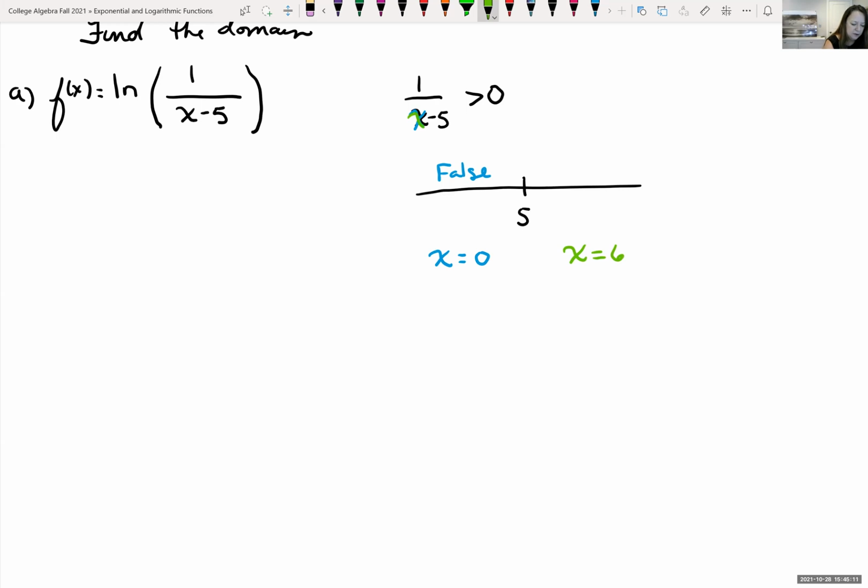If we plug in 6, wherever we see an x, we get 1 over 1, and that is greater than 0. And so this is true. And so for our domain, we need everything to be bigger than 5. Another way to state that, x greater than 5, or parentheses 5 comma infinity.